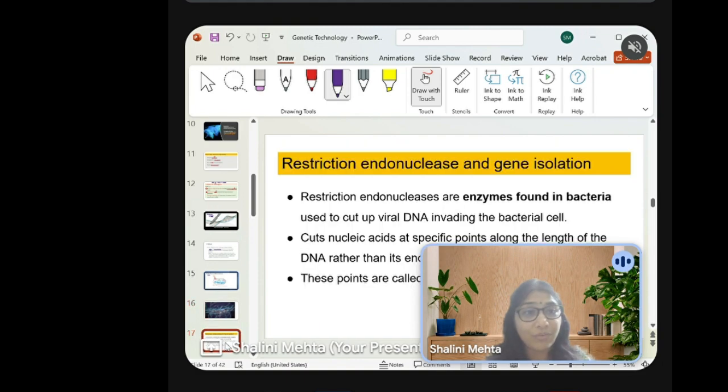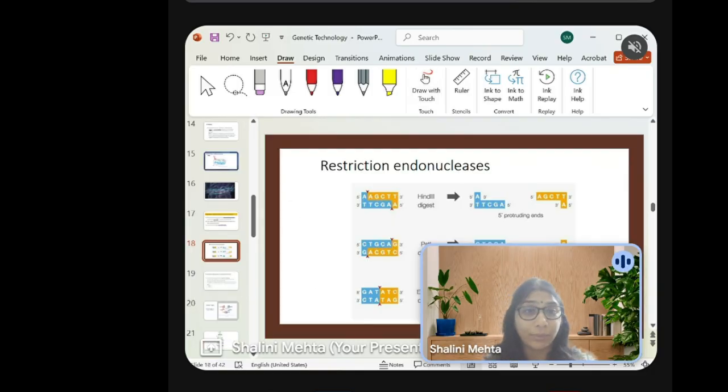Very interesting, these enzymes were found in bacteria and they were used to cut up the viral DNA invading the bacterial cells. There are particular specific points where these restriction endonucleases make a cut. These points are referred to as the restriction sites. These restriction sites are specific for a particular type of restriction endonuclease.